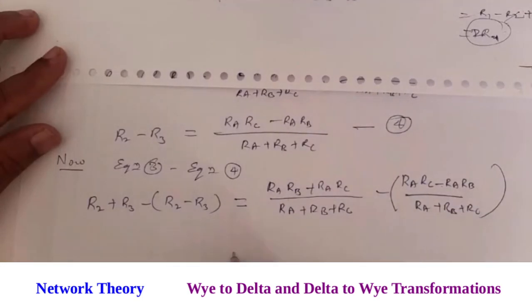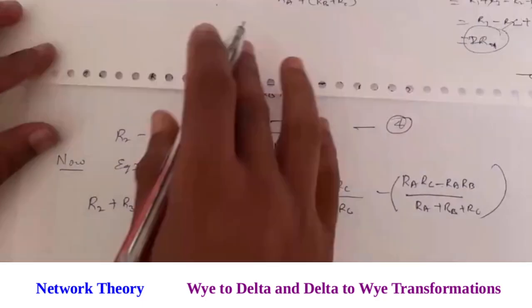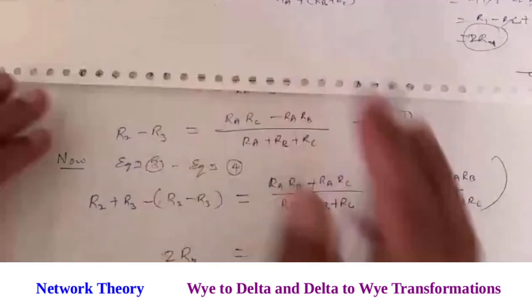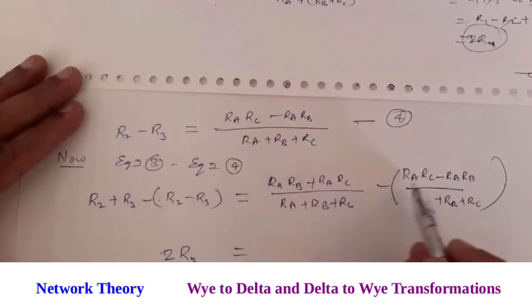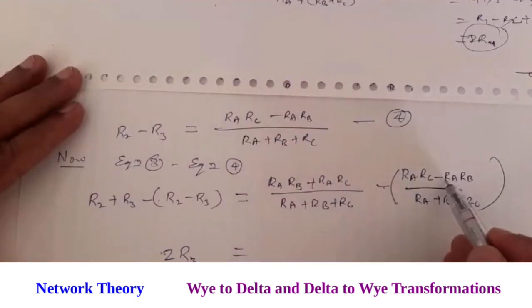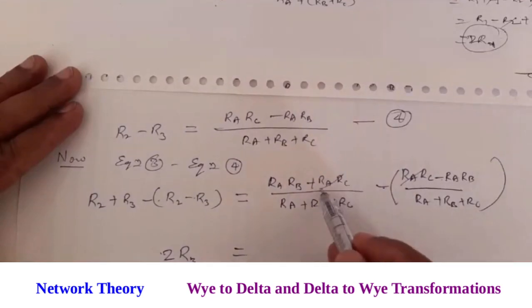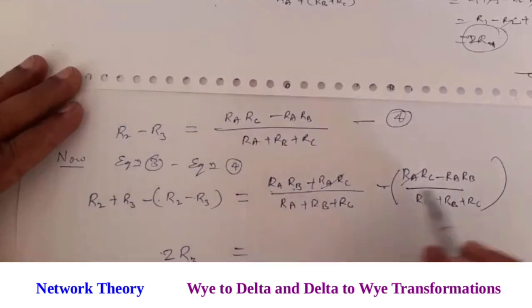Now if you open this bracket, R2 will get cancelled, minus into minus plus, you will get 2R3 is equal to, if you open this bracket, dear students, this minus into minus will become plus, this will become minus, and later this and this will get cancelled. This is RA RB and this is RA RB.